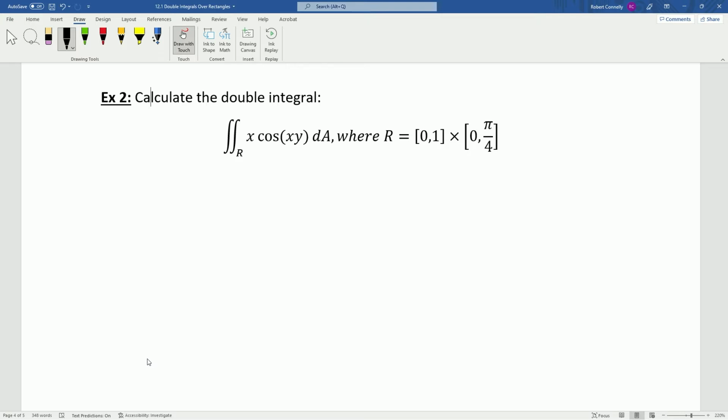Now keep in mind, we could do this two different ways. We could integrate with respect to x first, in which case my bounds here would need to be 0 to 1 and 0 to pi over 4. Or we could integrate with respect to y first.